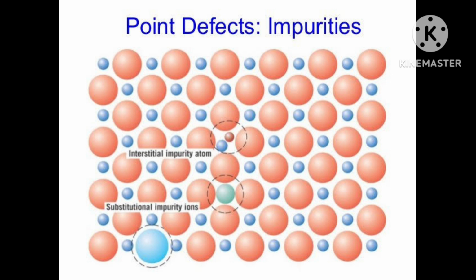Now there is an excess of Zn in the crystal, after you have heated the Zn ion.